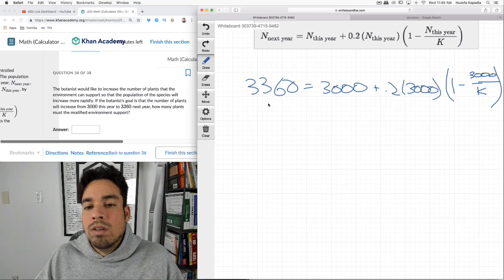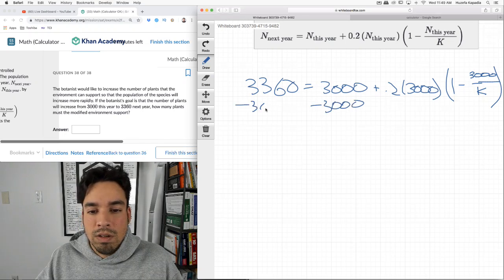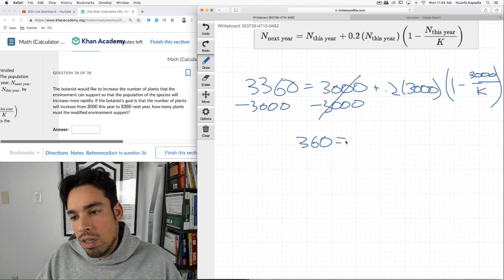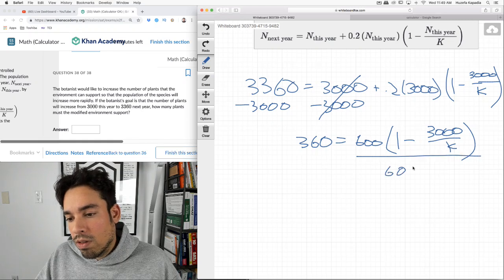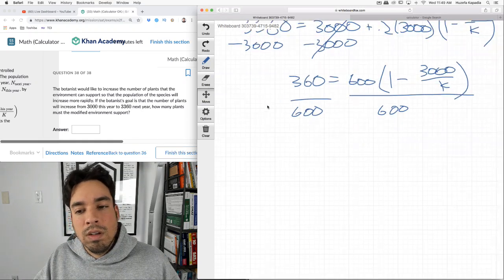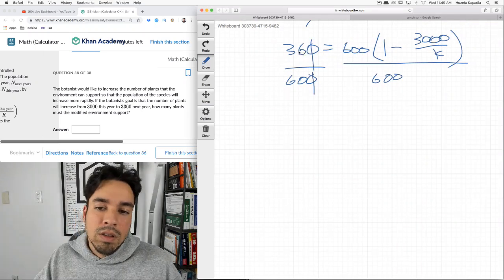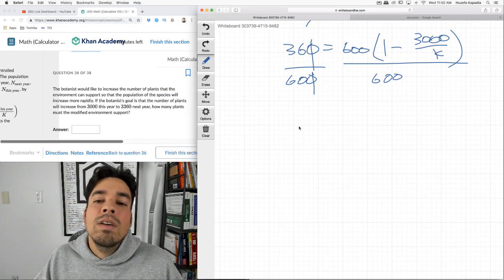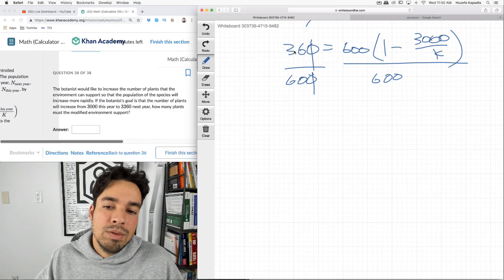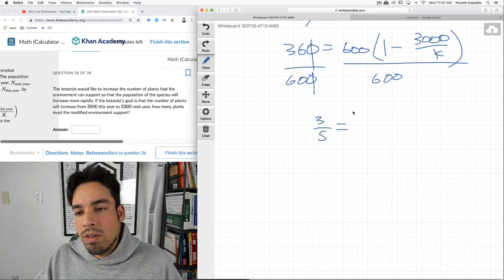Boom. Subtract 3,000. 360 equals 0.2 times 3,000, which is 600. Divide both sides by 600. 360 divided by 600 is 6 over 10, 3 over 5. 1 minus 3,000 over K. Minus 1, minus 1.